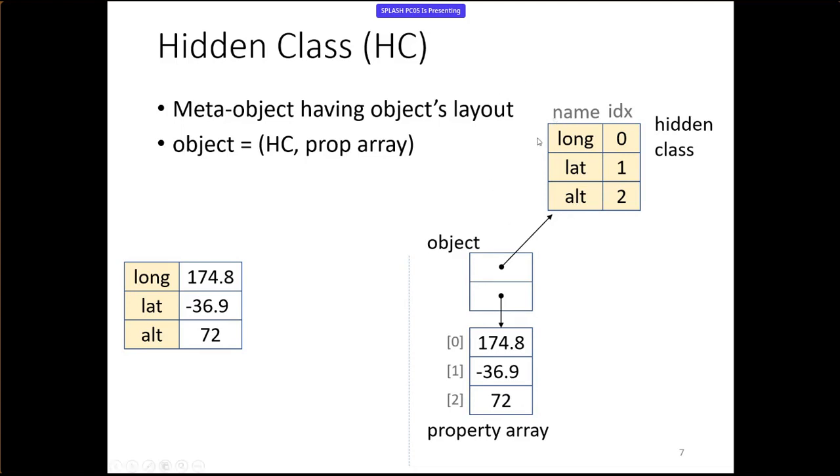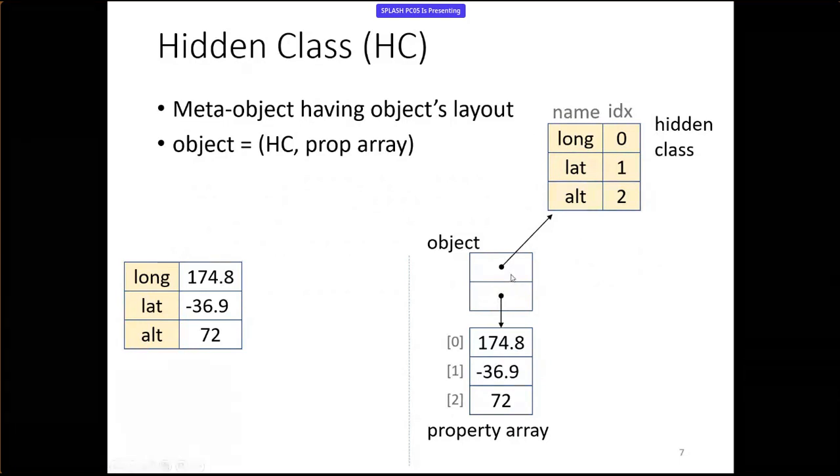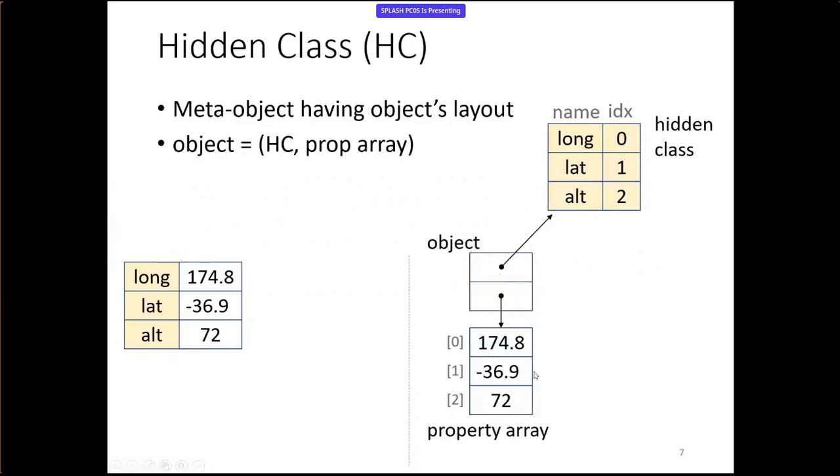This is the hidden class. For example, this object has three properties whose indexes are 0, 1, and 2. The object with a hidden class is represented by the pair of the hidden class and the property array, which holds the actual values of the properties.